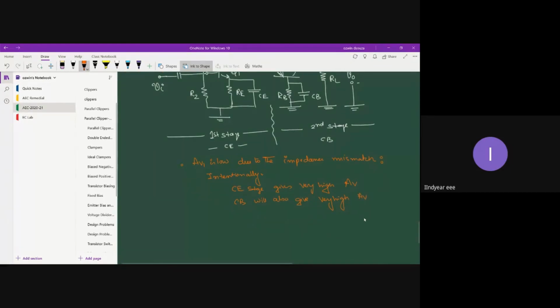If the two gains were to be high, then the overall voltage gain is going to be very, very large, which is objectionable.